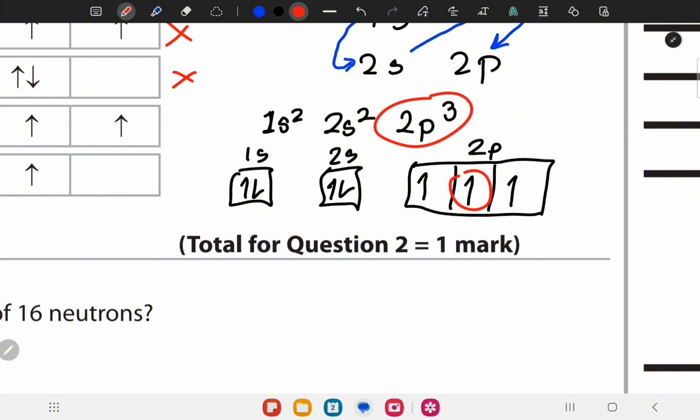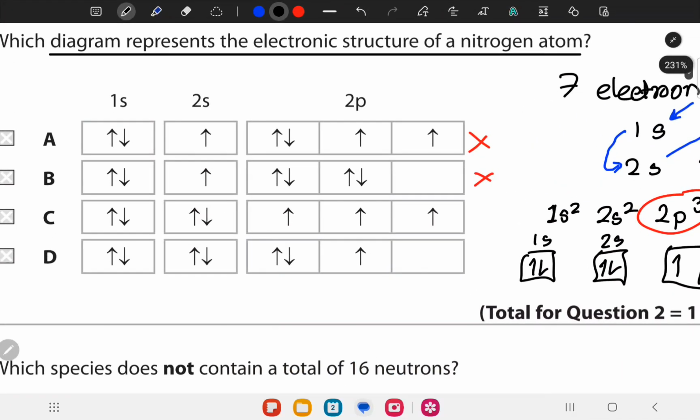So the empty orbitals will be filled at first. You won't have a case where an electron will skip this orbital and go join here. So this wouldn't be the case. So C would be the answer.